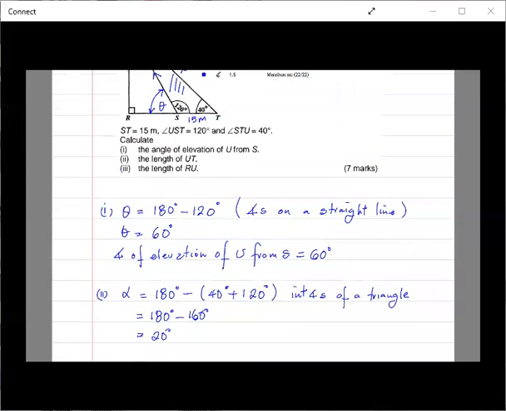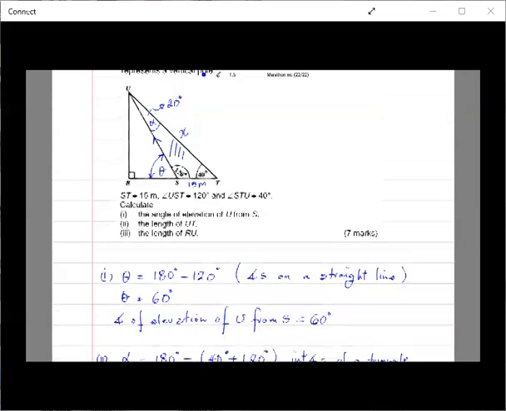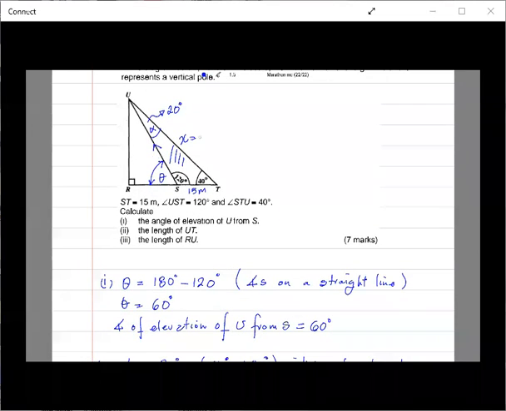So UT here is 38 meters. All right, and now the final thing we're asked to find is RU. RU is over here, I'm going to call it y. So what I'm going to use is the big right angle triangle. This is U, this is R, this is T. We just found UT is 38 meters. The angle here is 90 degrees.